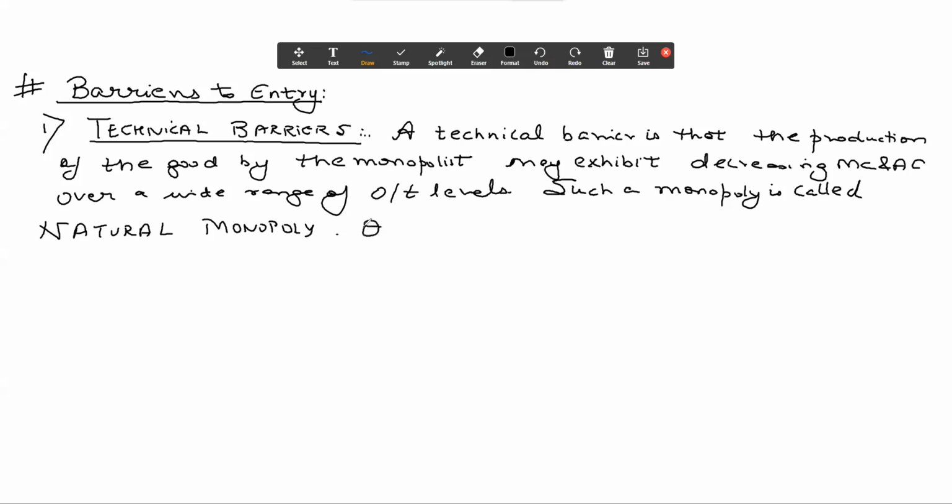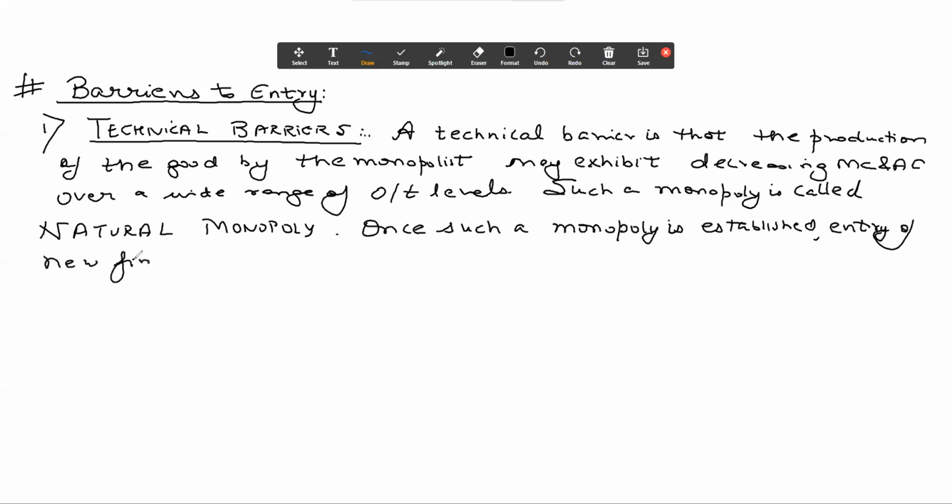Once such a monopoly is established, entry of new firms is difficult.